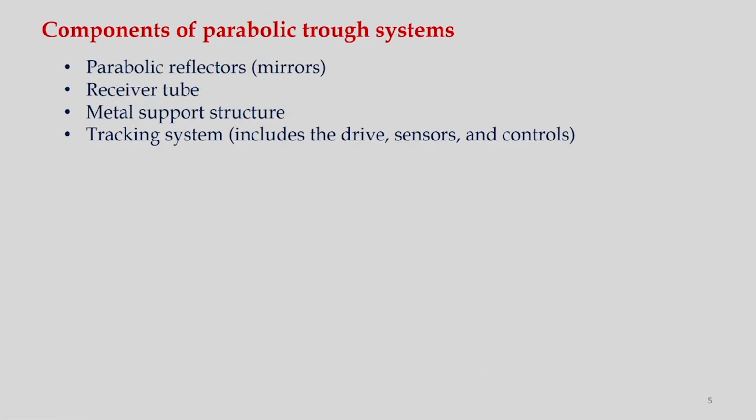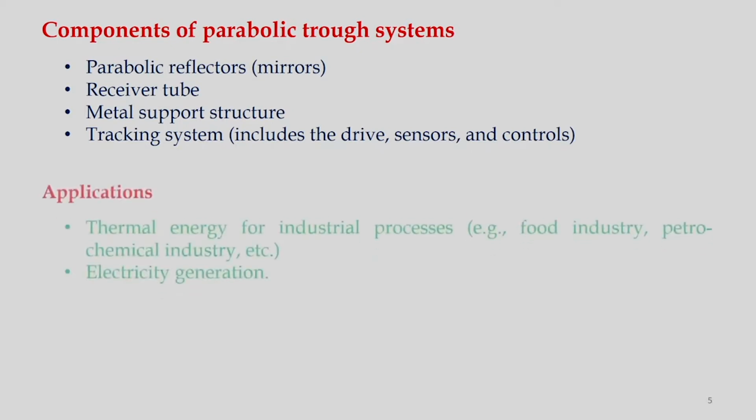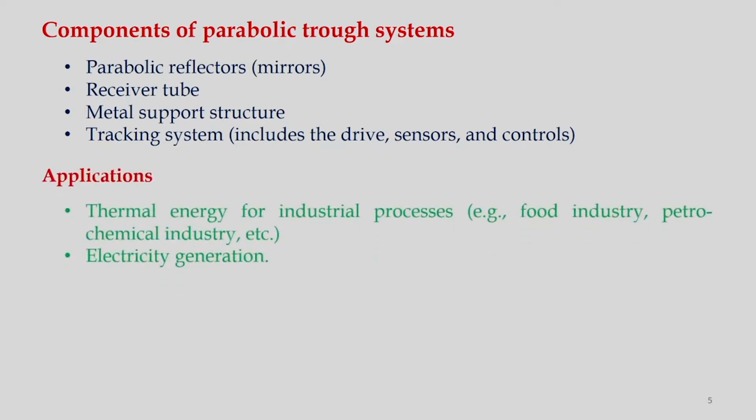Now, what are the different components of a parabolic trough system? It has mirrors or parabolic reflectors, then the receiver tube, then the metal support structure, then the tracking system which includes the drive, sensors and control. And what are the different applications of this kind of system?